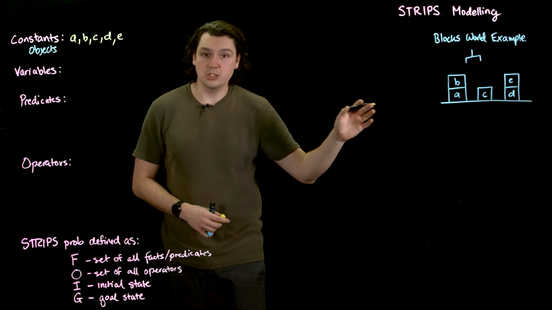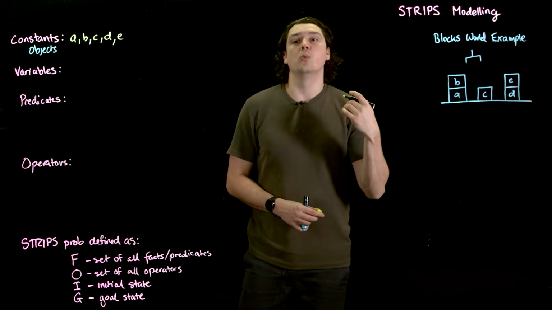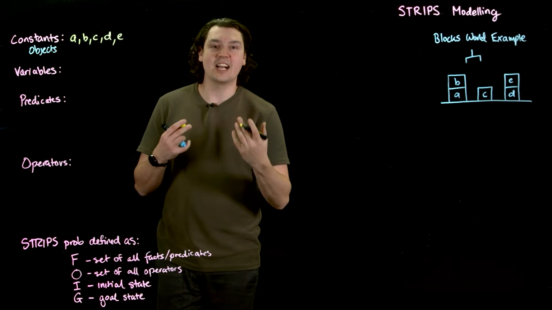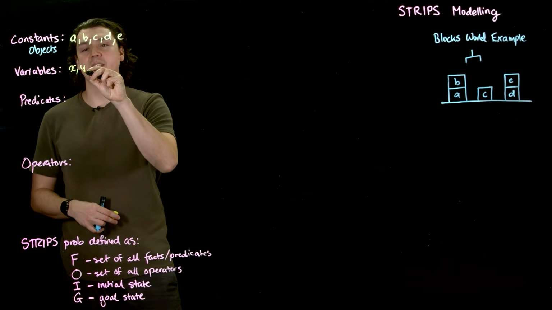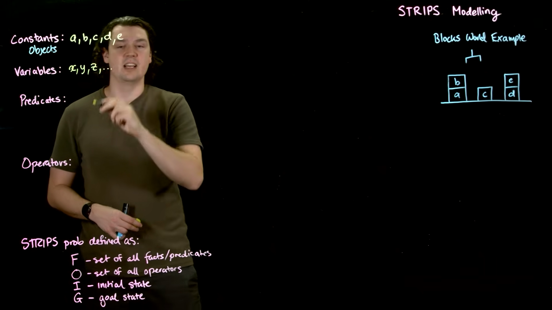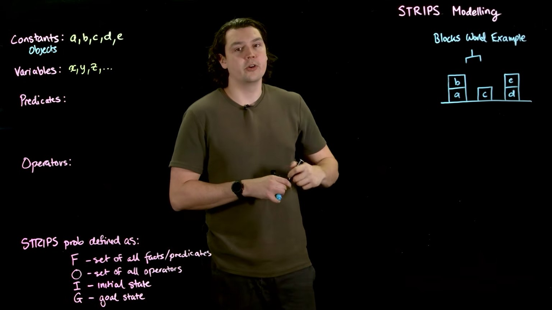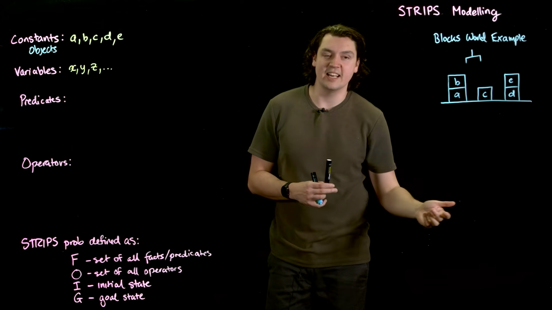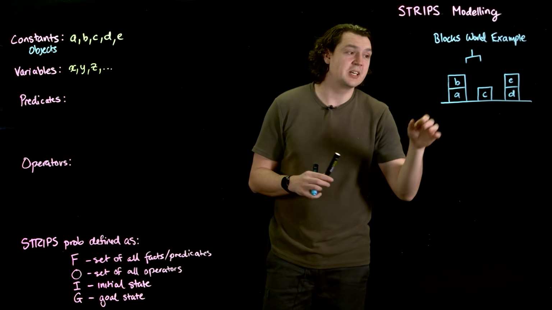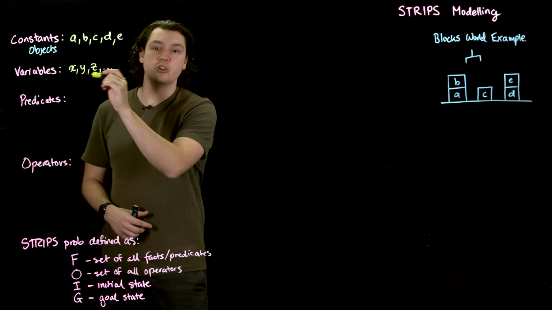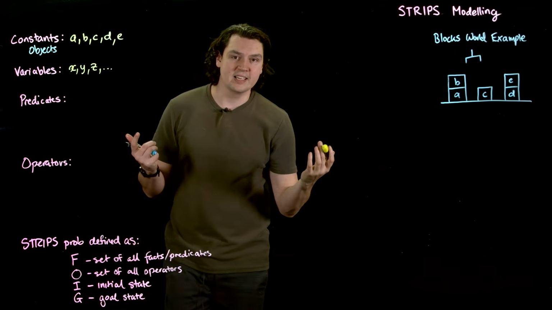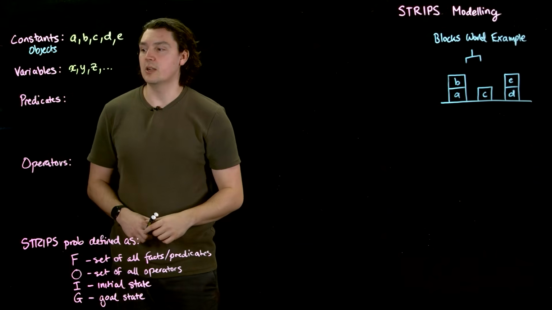Which block do we want to pick up, for example? We write up the action, the operator of pickup, in terms of generic variables instead. And then when you go to solve the problem, that's when you decide which one of these blocks you want to pick up. Should it be B? Should it be C? And so forth. So variables are just a useful programmatic aspect of this language.